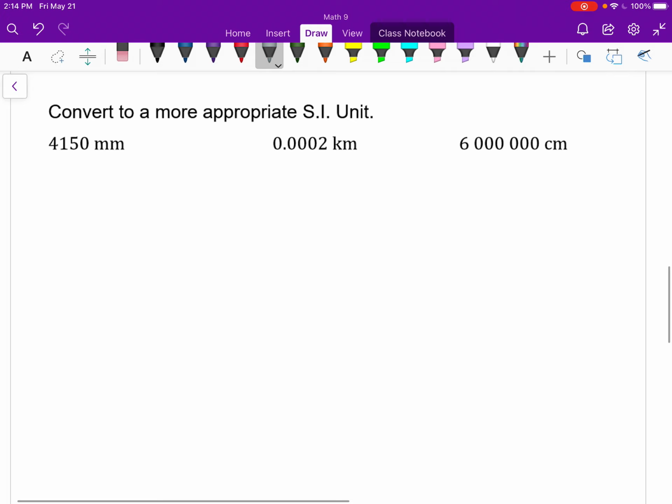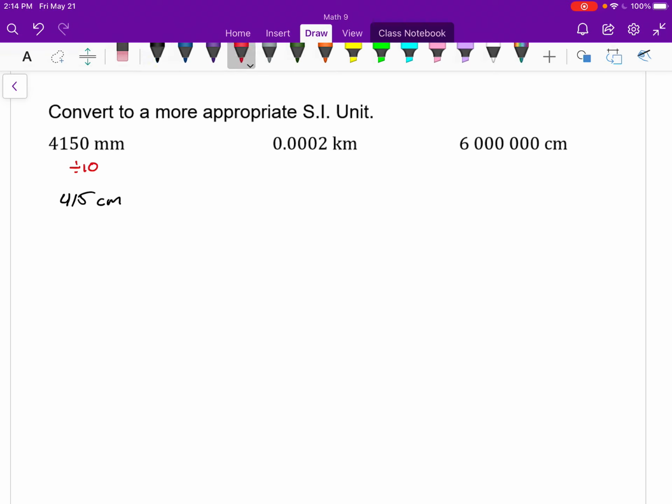And so for each of these measurements, these are not appropriate measurements. They're needlessly difficult to visualize. 4,150 millimeters. Let's change this first to centimeters. If I want to change this to centimeters, I want to divide by 10. And now it's in centimeters. And that's 415 centimeters. And that's pretty good. It's definitely better.